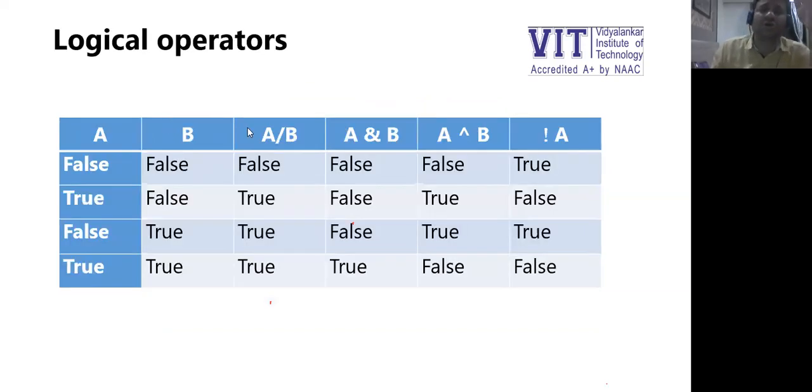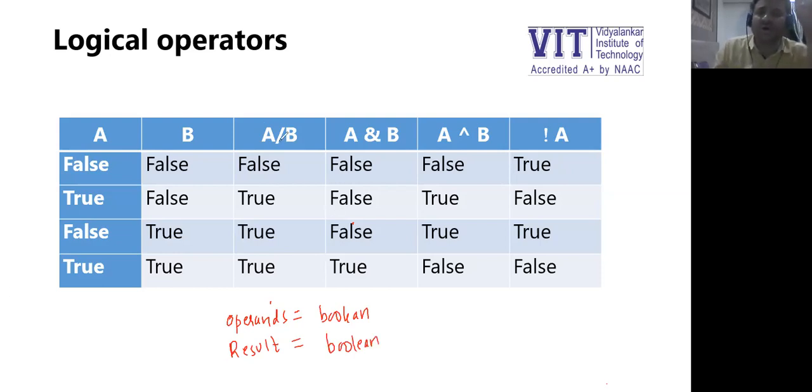Then we have the logical operator. When we say logical operator, it means operands are Boolean values. So the operands will be either true or false, and the result returned is also a Boolean value, again true or false.